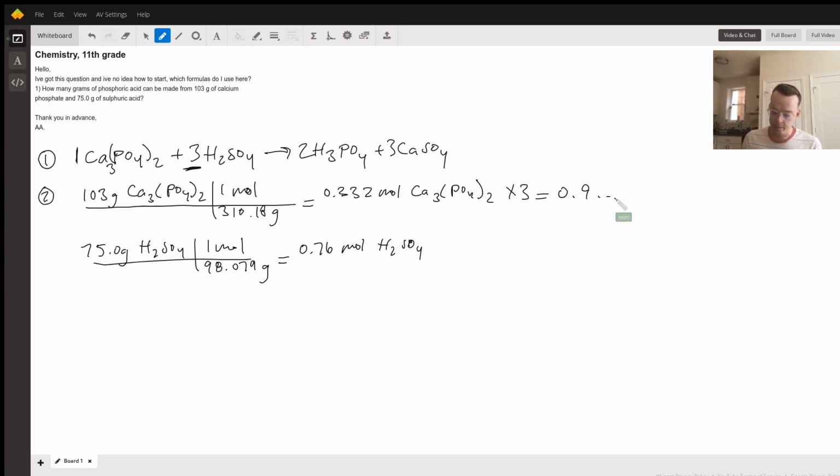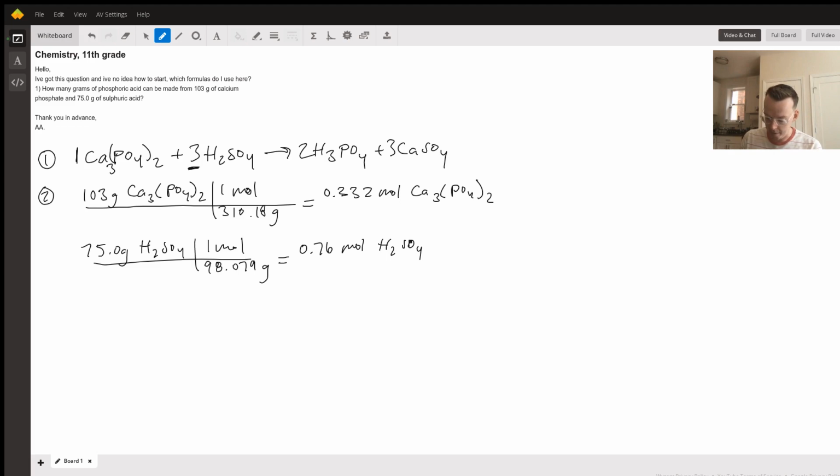So basically what this means is that if we have 0.3 moles of calcium phosphate, we need 0.9 moles of sulfuric acid to make the reaction go to completion, and we don't have that much. We only have 0.76. So because we don't have enough sulfuric acid, we can say that the sulfuric acid is the limiting reagent for this problem. So just cleaning that up a little bit.